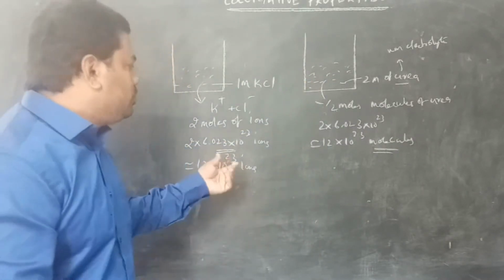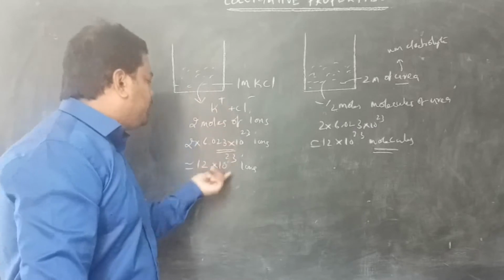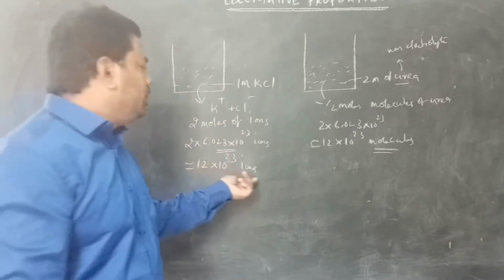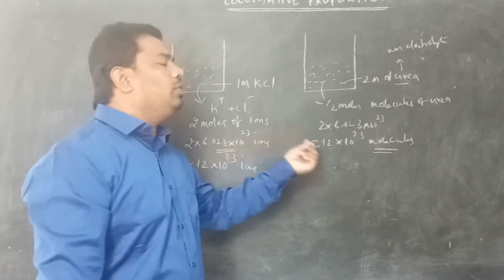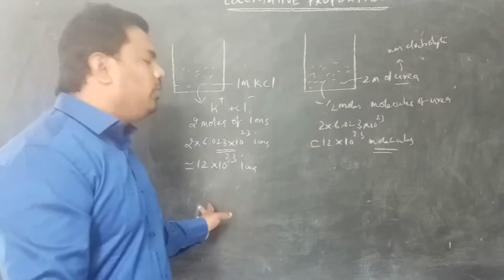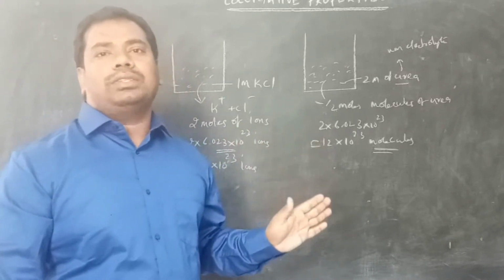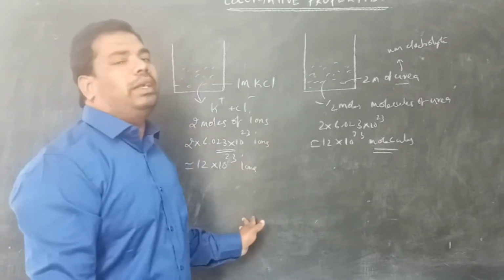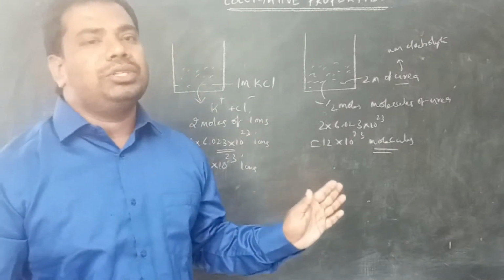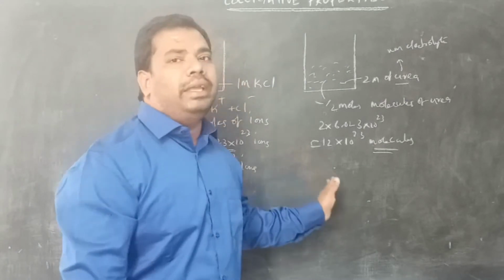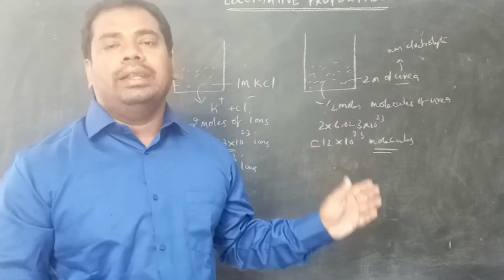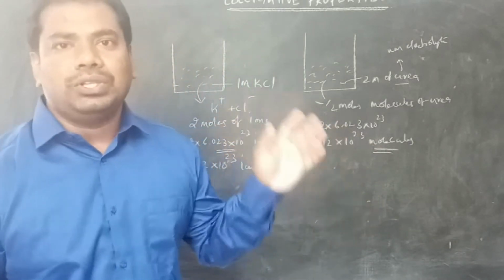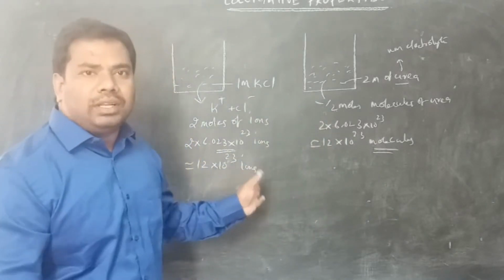Is it clear? So both solutions have 12 into 10 to the power of 23 particles. Therefore colligative properties depend only on the number of solute particles present in the solution, not on their nature and structure. Is it clear, student?